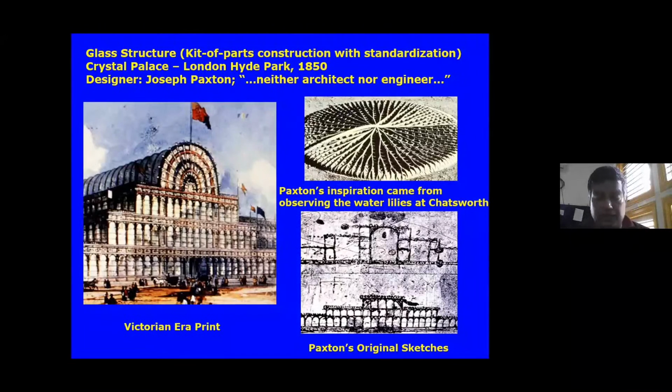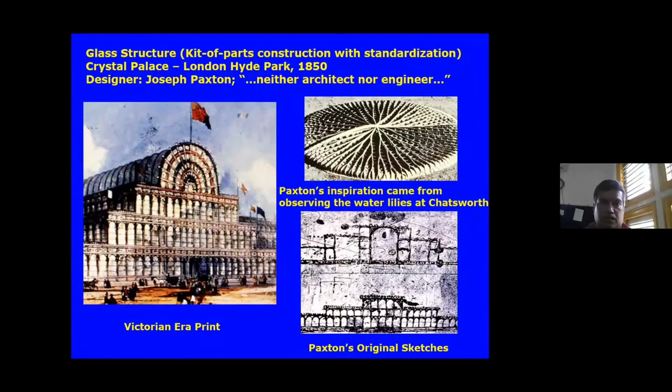To introduce one of the earliest architectural structures where glass became the standard, normal use was in 1850, in a building called Crystal Palace.